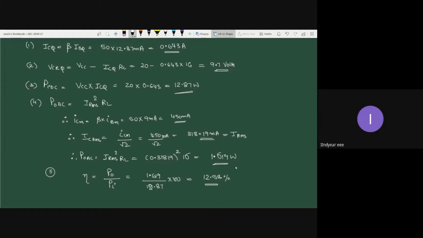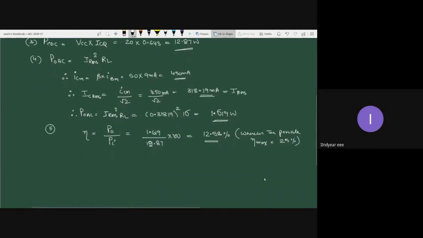Okay, so that's the conversion efficiency. So in bracket, let me write, whereas the possible eta max would have been 25%, but how much you are getting in reality? Just 12.5%.